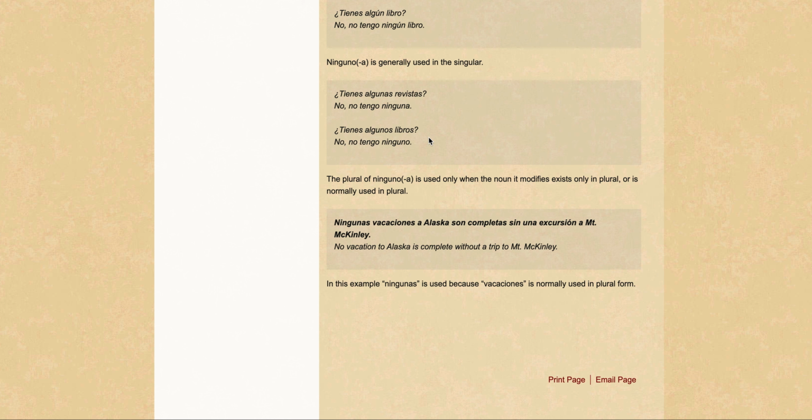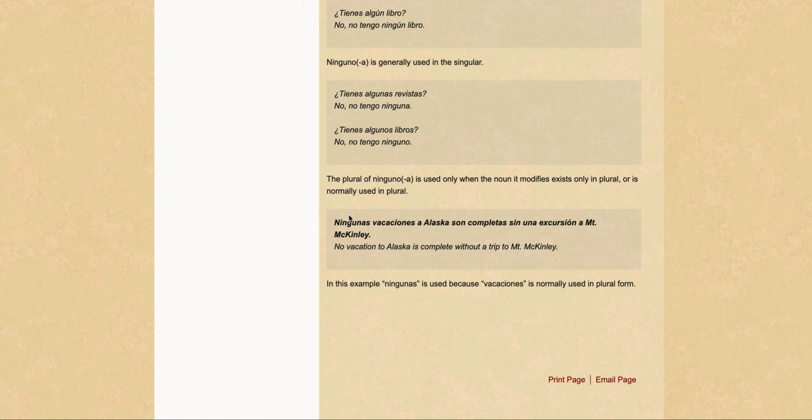But in some cases, we would have to use the plural form ningunos or ningunas when the noun that it's modifying only exists in plural form, like vacaciones in Spanish, in Spain. So, ningunas vacaciones. This vacaciones doesn't normally exist in a singular form. So in those cases we use the plural of ninguno.